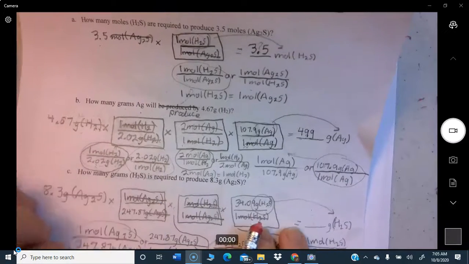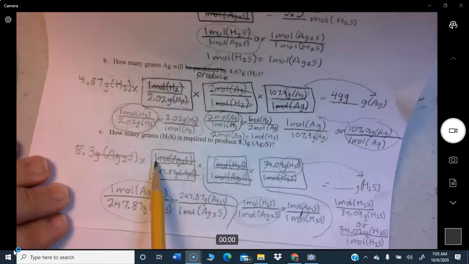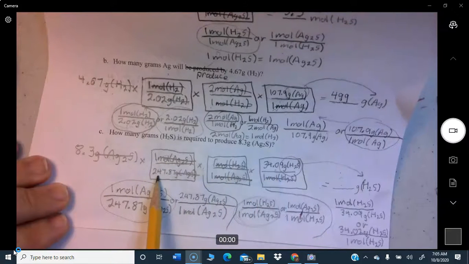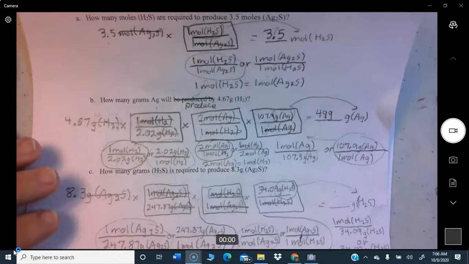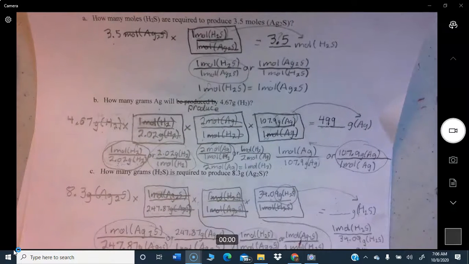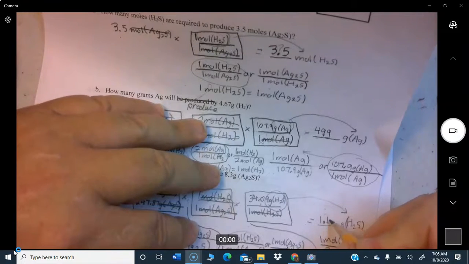So we're going to go ahead and compute the numbers. So it's 8.3 times 1 times 1 times 34.09 divided by 247.87 divided by 1 divided by 1. So we will go ahead and do that, and I get 1.14 grams of H2S.